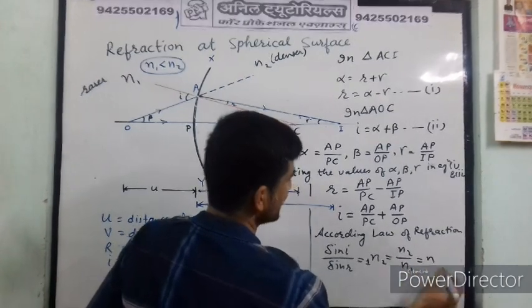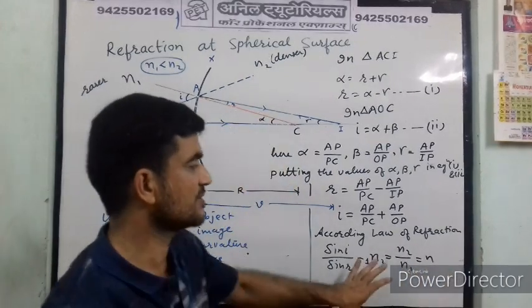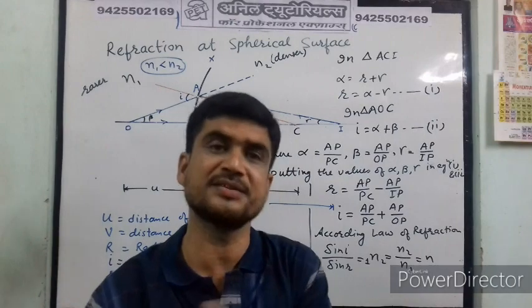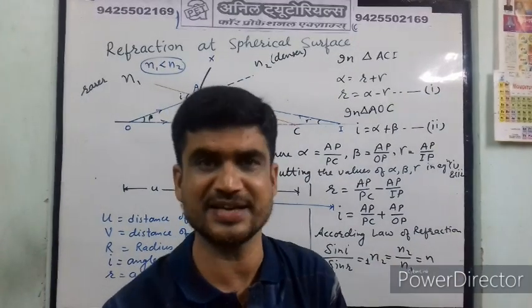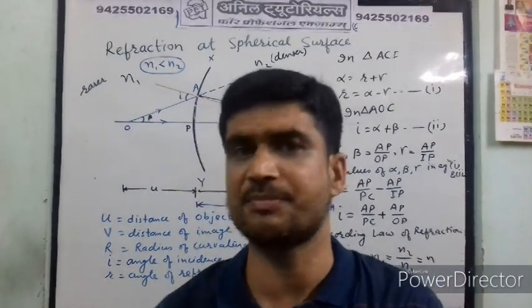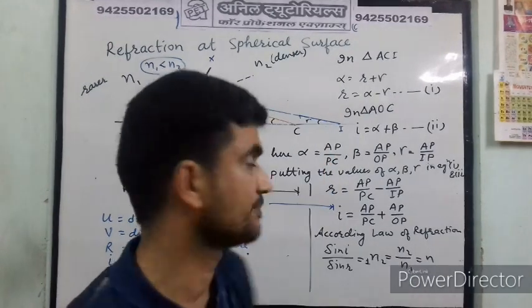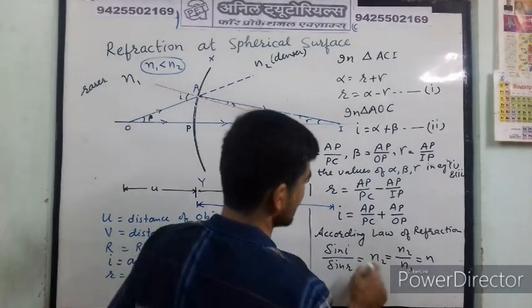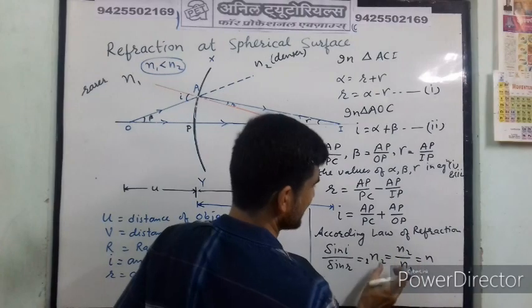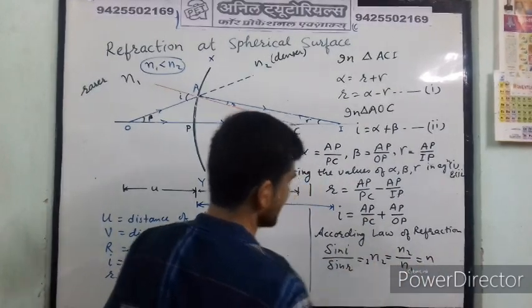This we will name N. So the refractive index of the second medium means a denser medium. Here we took the second medium as a denser medium. In a particular case we took it like that. Here the refractive index of the second medium is more. So N2 upon N1 is N.